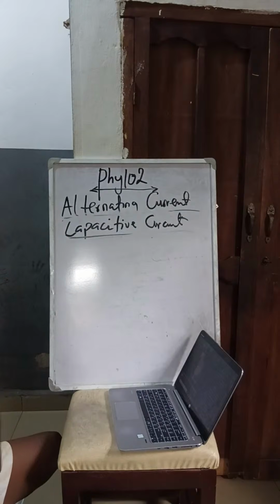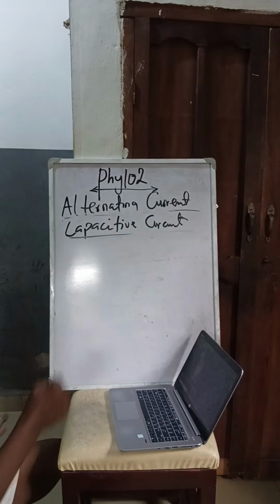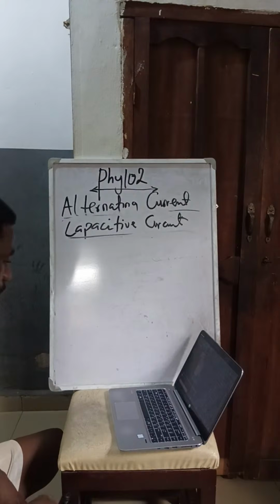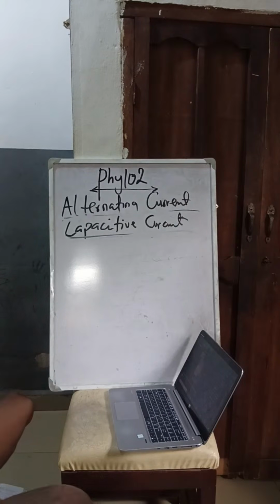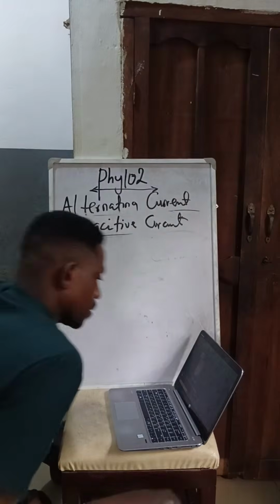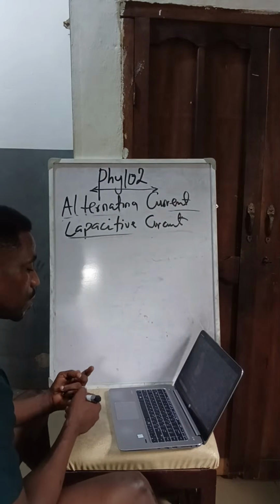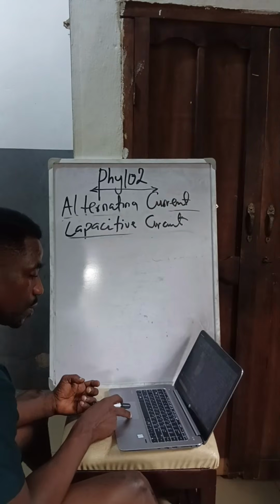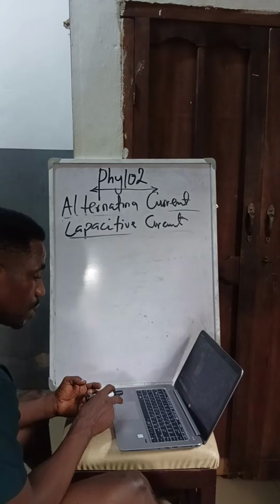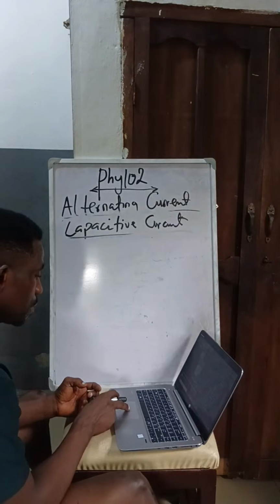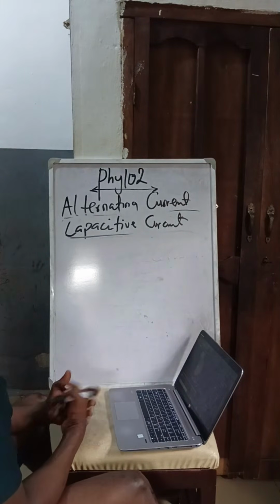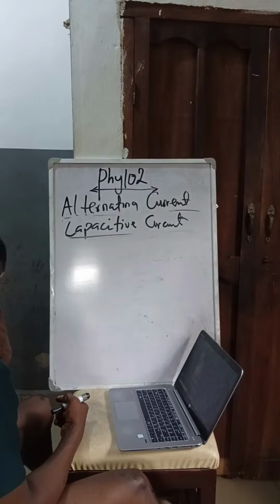All right, so when we talk about a capacitive circuit, we're actually referring to a circuit that has only capacitor without resistor or inductor. Therefore, no resistance and no what? Inductance. So that is when we talk about a circuit that has only capacitor, a capacitive circuit. All right.